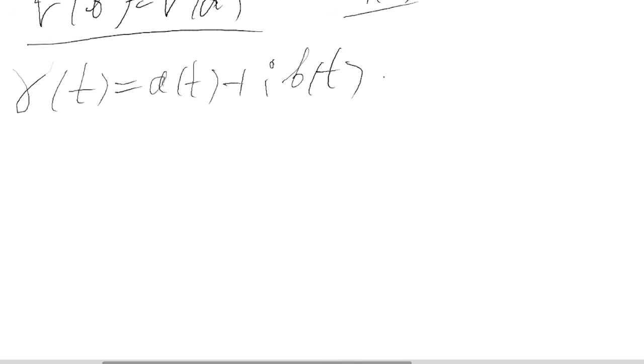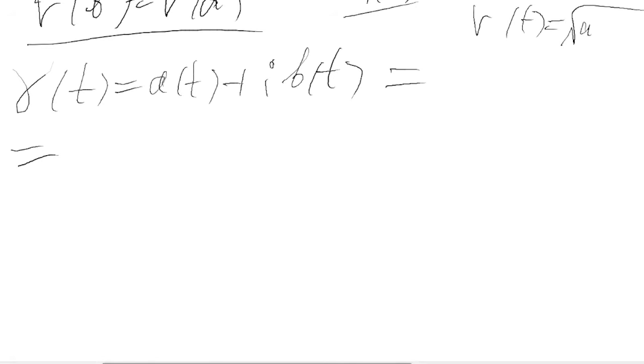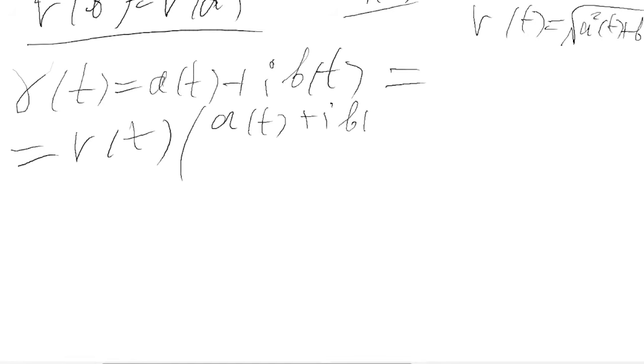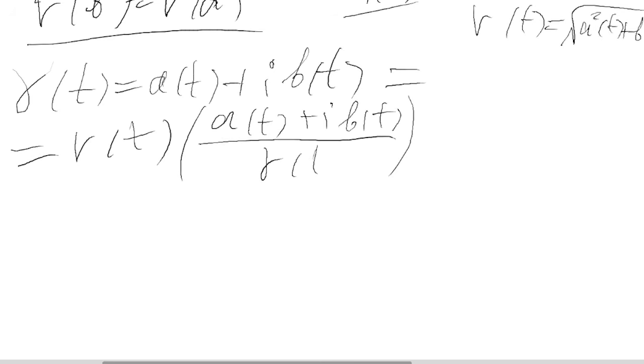And what we can do next is we can say that r of t is equal to the square root of a squared of t plus b squared of t. And we can bring it out and say that we multiply r of t, and inside we have a of t plus i b of t over r of t. So under this definition we already have r of t as differentiable.